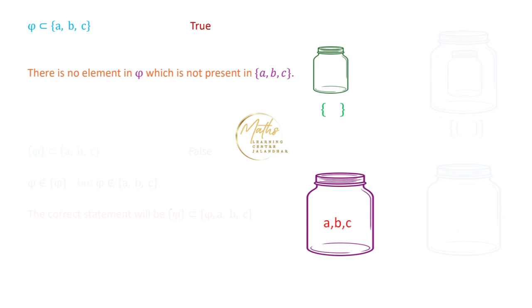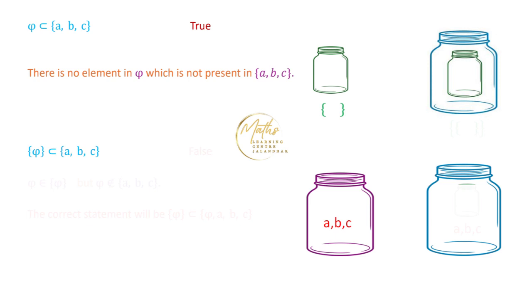The second we have is the set containing phi is a subset of ABC. When we are talking about the set containing phi, we have these conditions over here. We have the jar, and this is the set containing the set phi. We are talking about this situation. We are saying this is the empty set. We are considering a set and it contains a set which is empty.